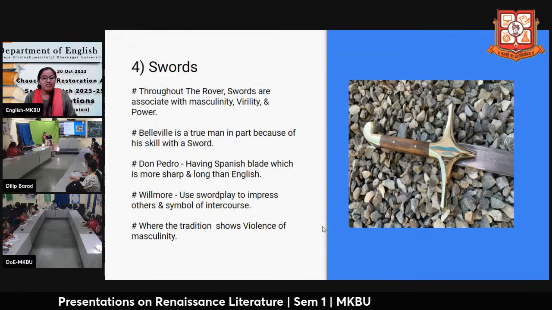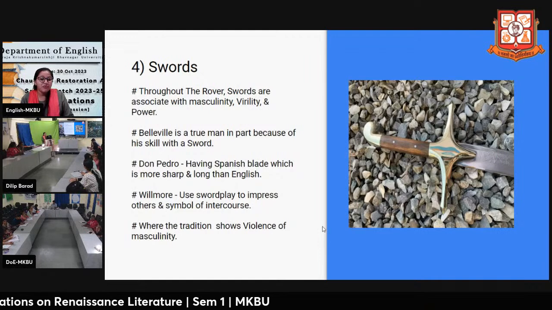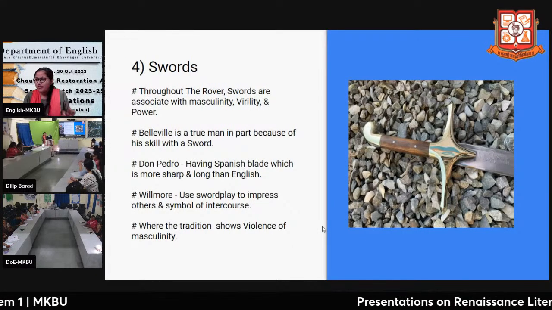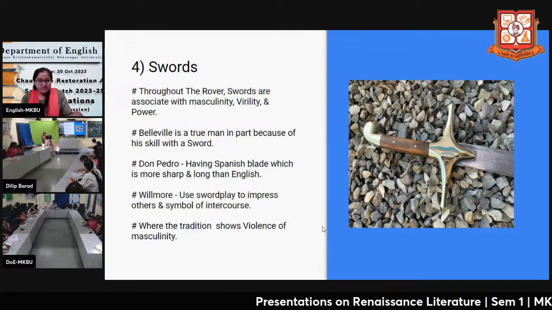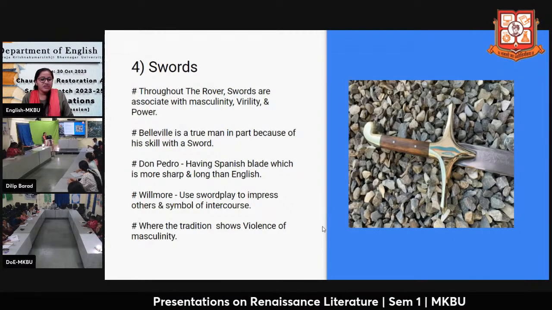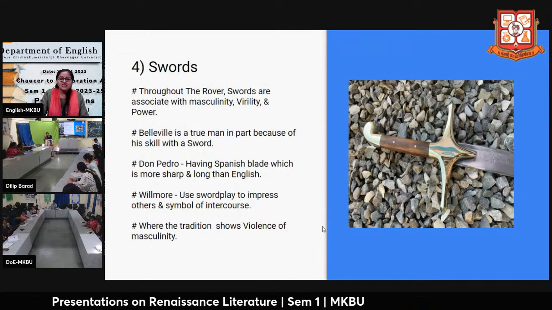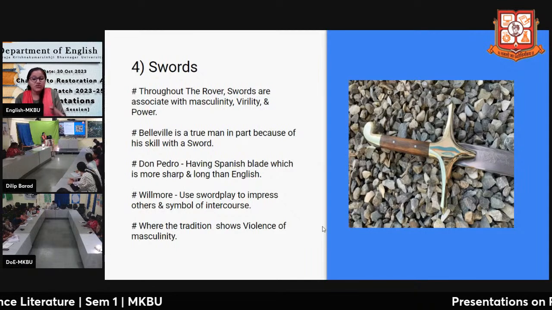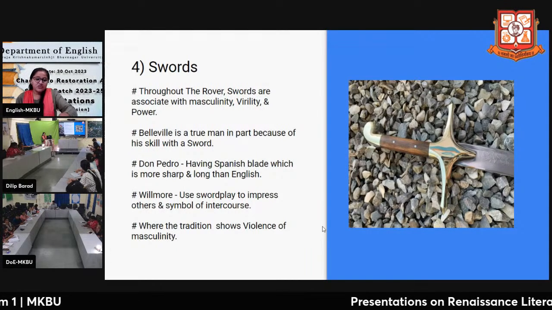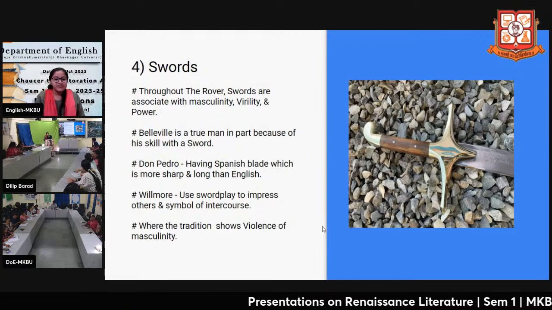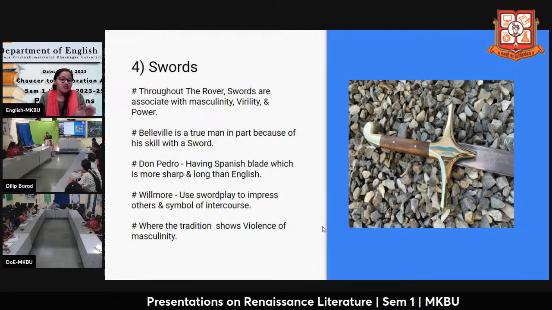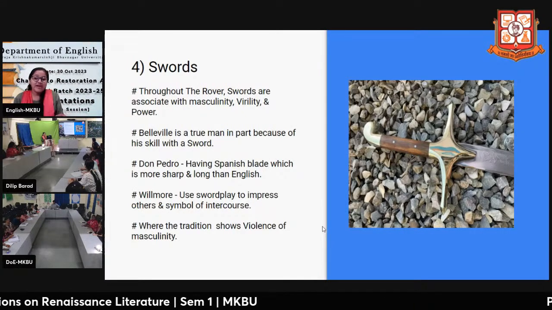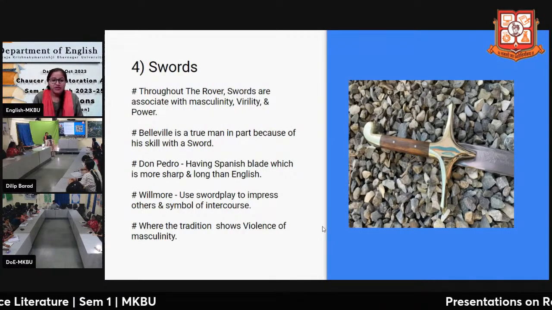Don Pedro has a Spanish blade, which is sharper and longer than an English one, meaning he has a better sword. Wilmore uses a sword to impress others and as a symbol of intercourse. So Wilmore is the character who uses the sword to impress others, where the tradition shows the violence of masculinity, which is shown by Aphra Behn in the Restoration comedy.